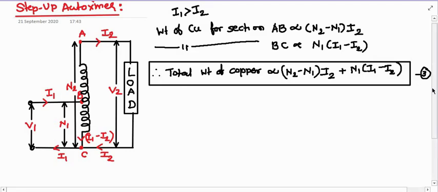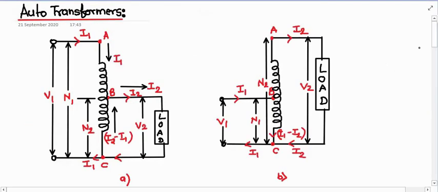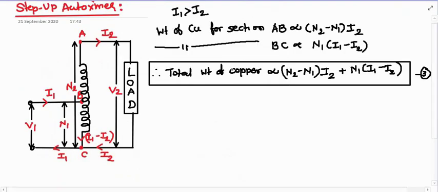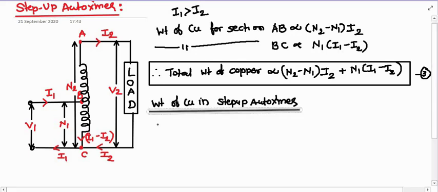Now from equation number 1, this is the total weight of copper required for 2 winding transformer. From equation 1 and 3, I can write down weight of copper in step-up auto transformer divided by weight of copper in 2 winding transformer.